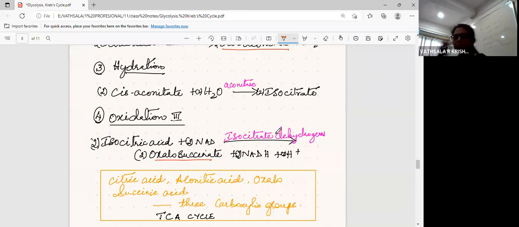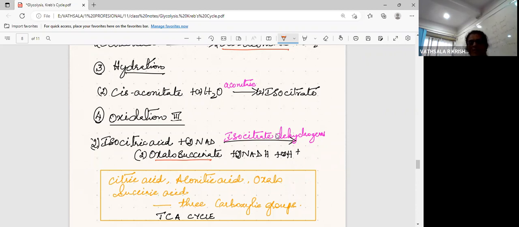Directly after citric acid, it goes to aspartate. Then succinic acid is given, but that is the next conversion.